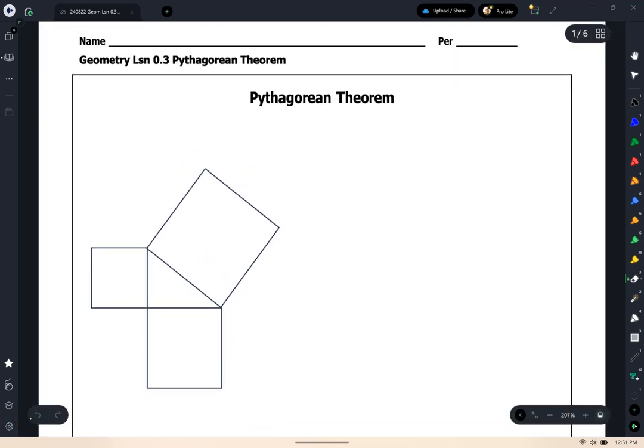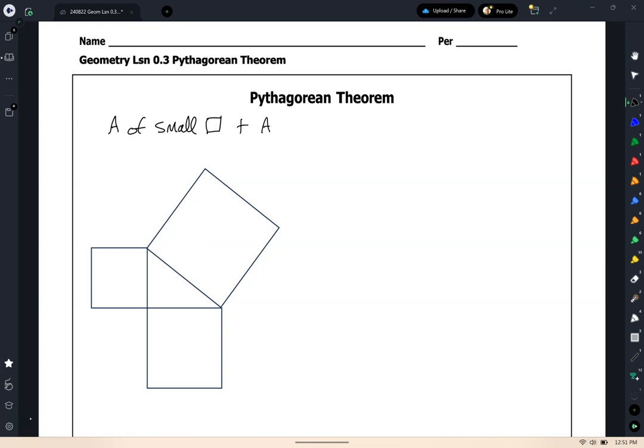All right. So what I had just explained to you with that example with the blue and the yellow and the pink squares is that the area of the small square combined with the area of the medium square is going to be equal to the area of the large square, right?